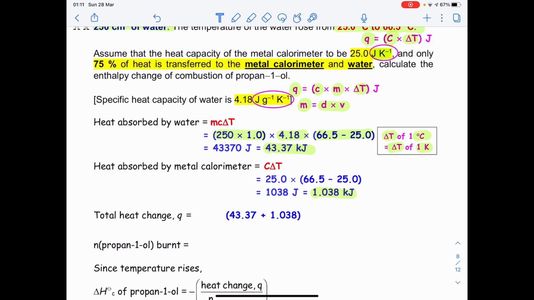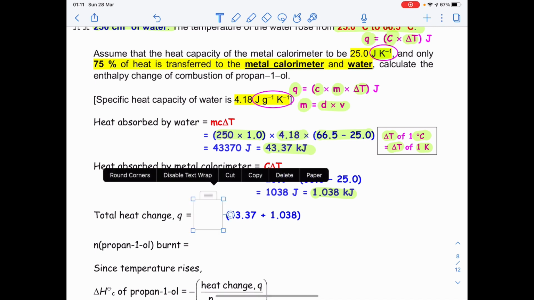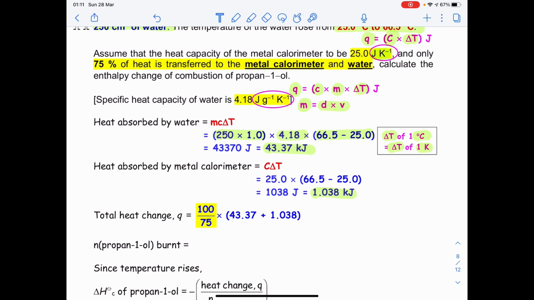And this corresponds to 75% of the heat from the reaction. So the total heat change, the actual heat change, you have to step up to 100%. So the actual heat change of the reaction will be 59.21 kilojoules.